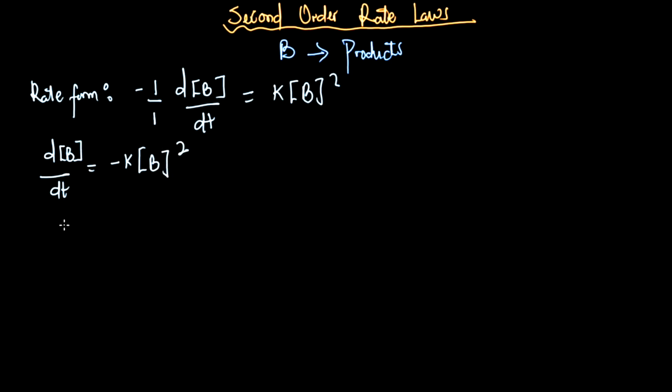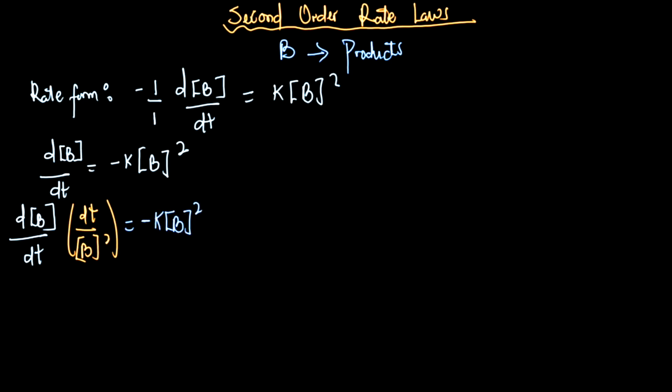The next thing is to multiply both sides by dt and divide both sides by [B]². So we have d[B] over dt multiplied by dt over [B]², which gives negative k.